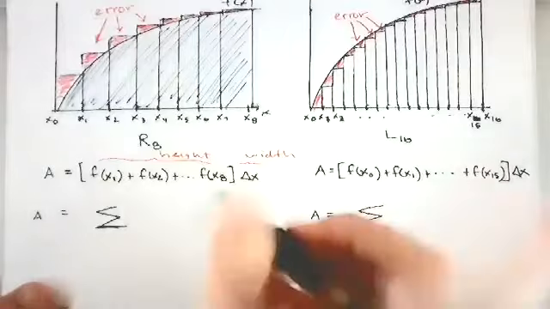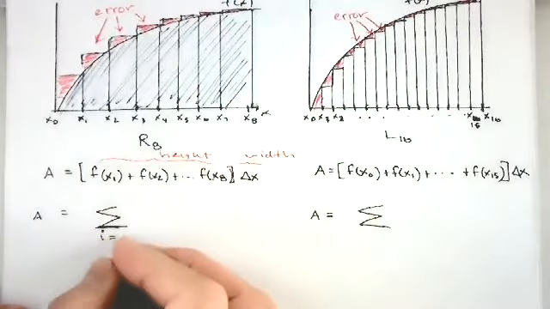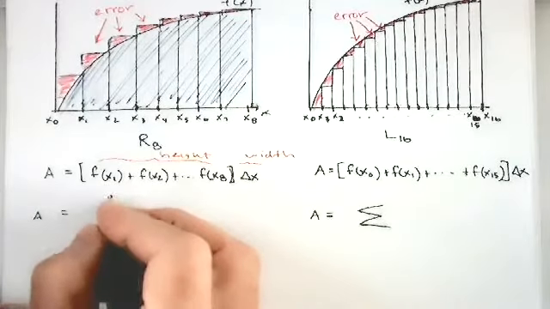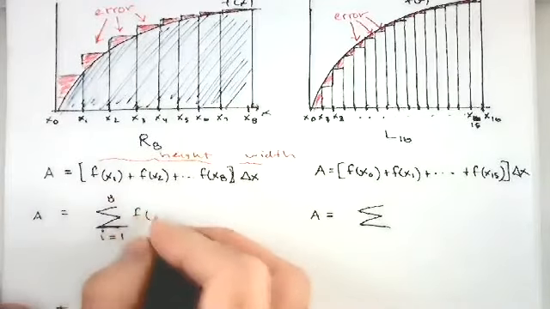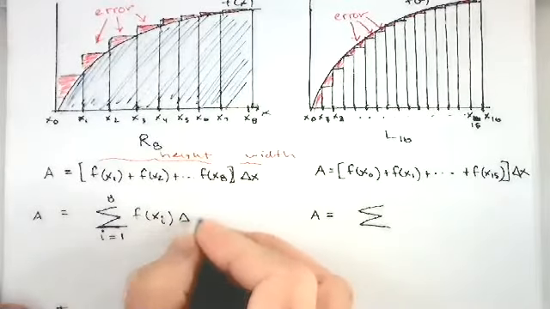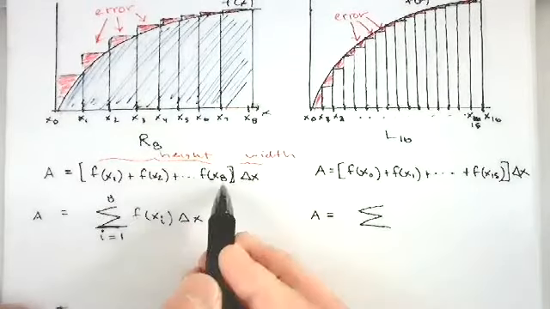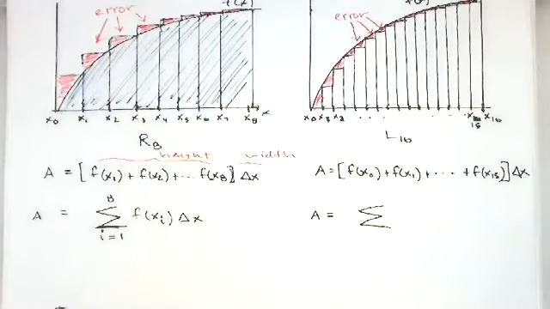So for this example right here, with only 8 rectangles, you could say this is the sum from i equals 1 to 8 of f of x sub i times delta x. f of x1, f of x2, f of x3, all of those times delta x.